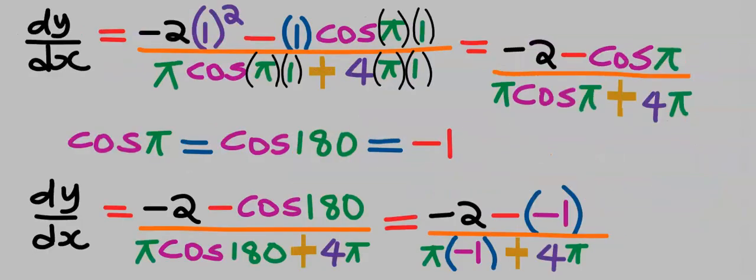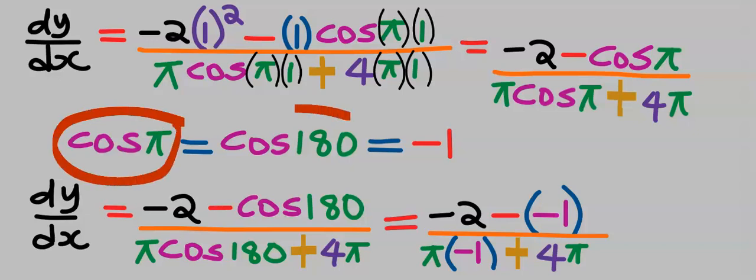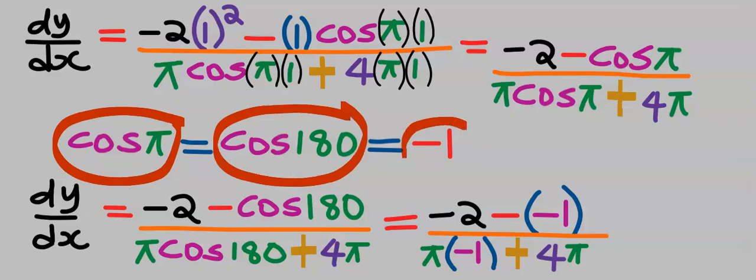Next, pi in front of a trigonometric function is equal to 180. Hence, cos pi is the same thing as cos 180, and cos 180 is equal to minus 1.